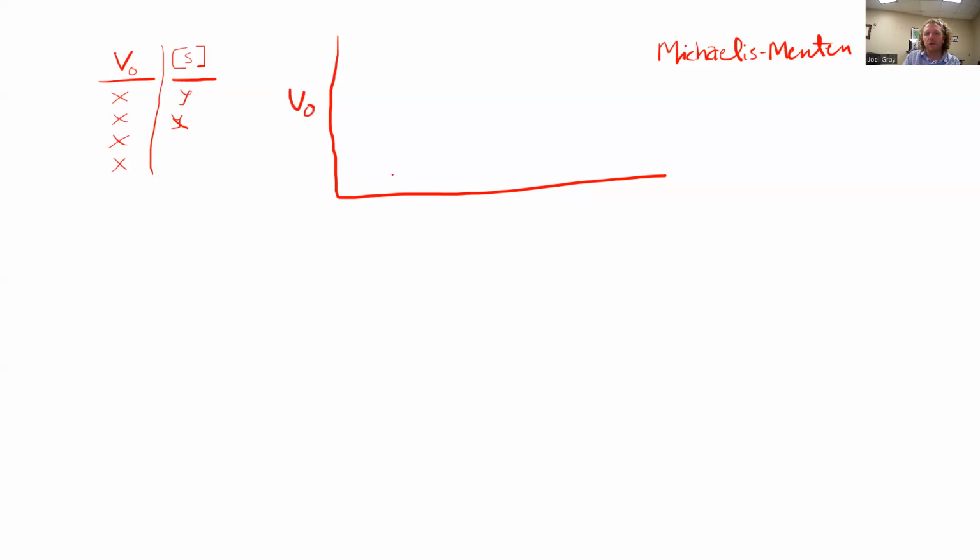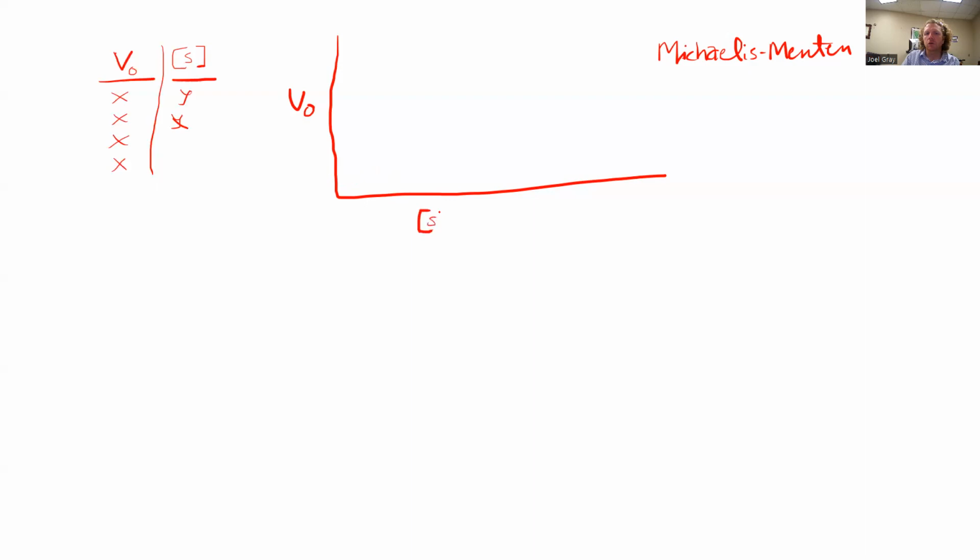And with those two things, what you're going to easily be able to produce is what's known as a Michaelis-Menten plot. The Michaelis-Menten plot is going to have V sub 0 on your y-axis, and your substrate concentration on your x-axis.